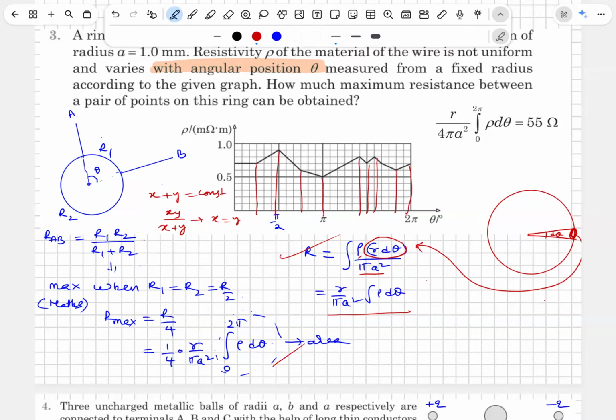I just want to stop here. This is a complex question. Concept you need to know. But any doubt in concept, please ask. Integral rho d theta, because you require integral rho d theta.